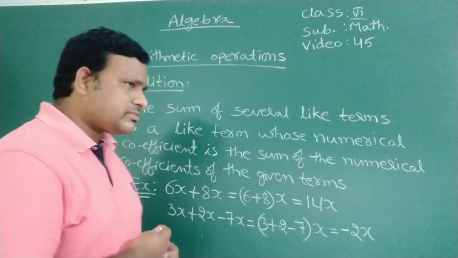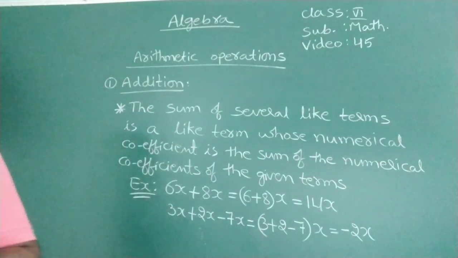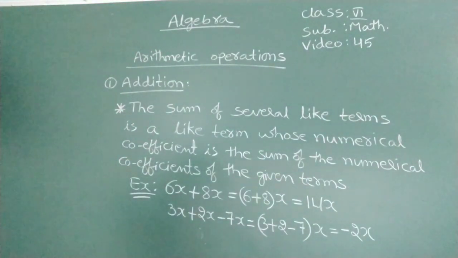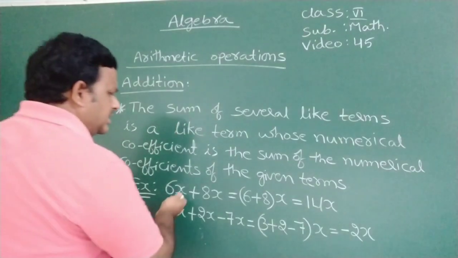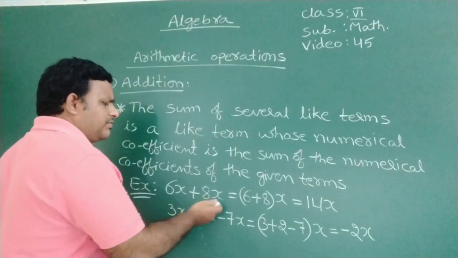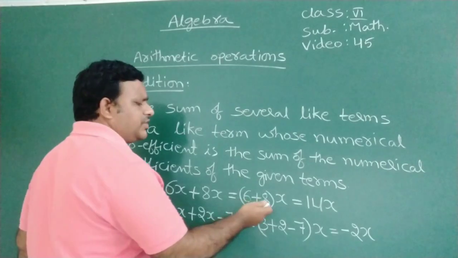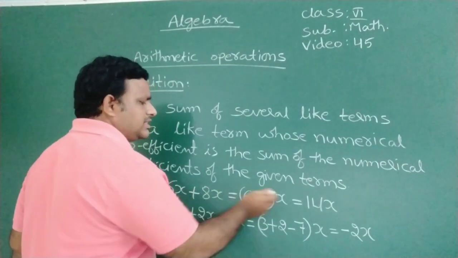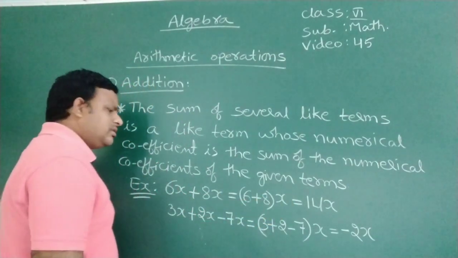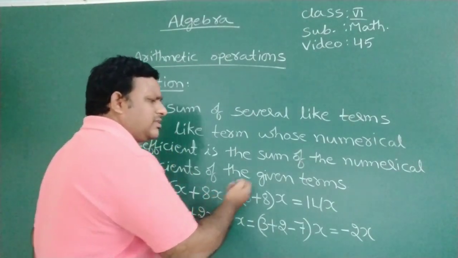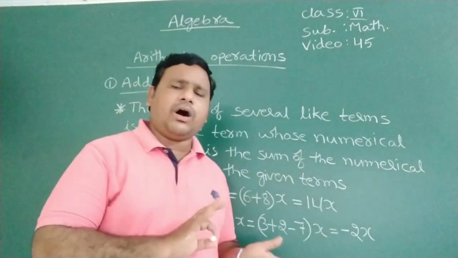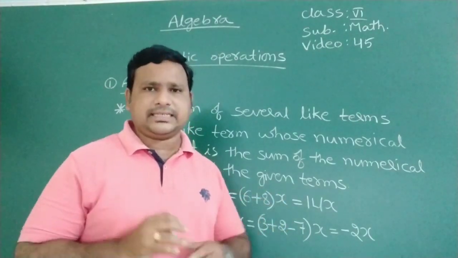Understood? So observe the definition again. The sum of several like terms is a like term whose numerical coefficient is the sum of the numerical coefficients of the given terms. In the example 6x plus 8x, the sum of these two terms is the sum of the numerical coefficients along with the same variable x. So the given terms and the answer also should all be like terms.